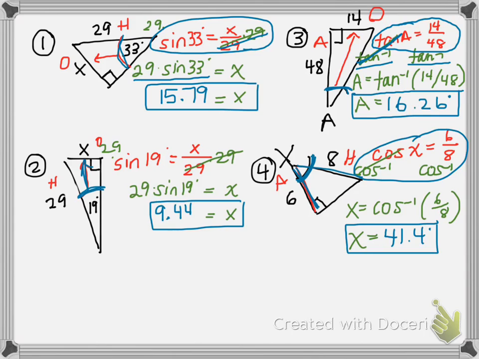So we have our 2 with the side length missing, and then our 2 with the angle missing. So hopefully you've understood that, and if there's any extra work with that, you'll be using the same kind of idea. Alright, so let's look at a couple of questions just to review as well.